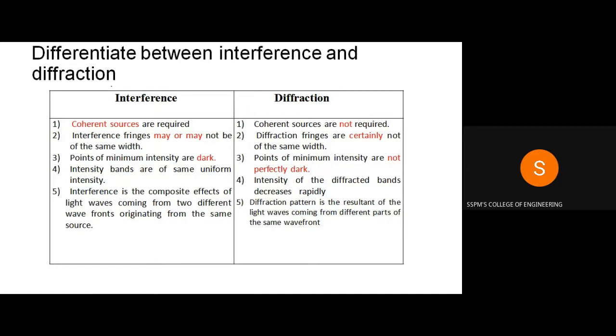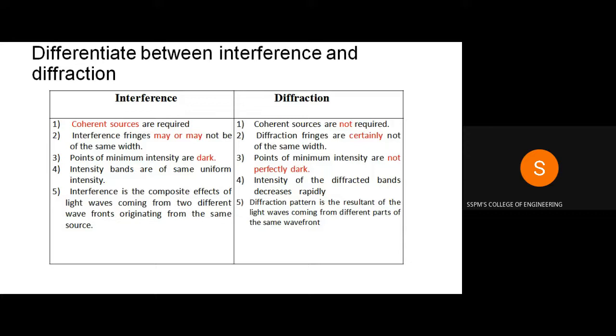Now next one, differentiate between interference and diffraction. Interference is where light plus light gives either maximum of intensity or minimum of intensity.